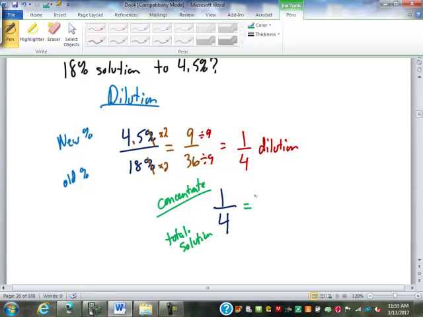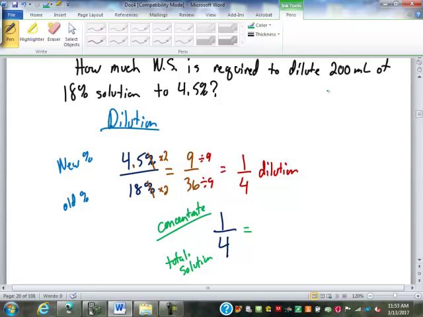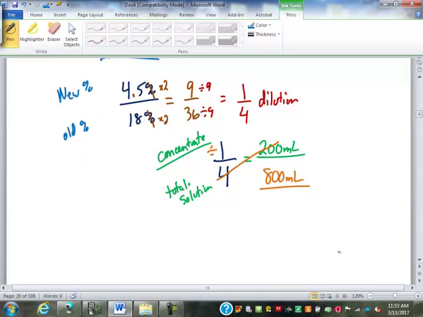So the volume we had of the concentrate, or of the 18%, is the 200 milliliters. To find the volume of the total solution after we dilute it, 4 times 200 divided by 1. So that's 800 milliliters. So the final amount of 4.5% solution we have is going to be 800 milliliters.